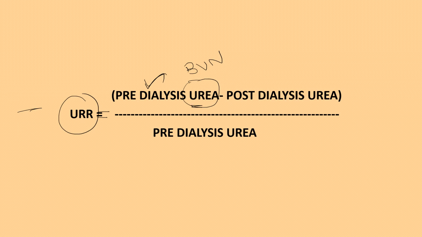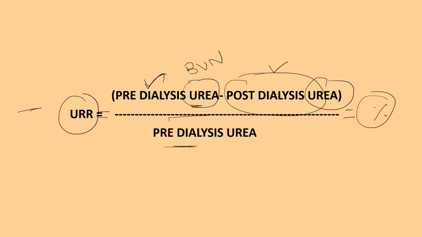After the dialysis, immediately after the dialysis, you can send another KFT and look for the urea value and divide it by the pre-dialysis value, and this can be represented as a percentage. If it comes as a fraction, represent it as a percentage.